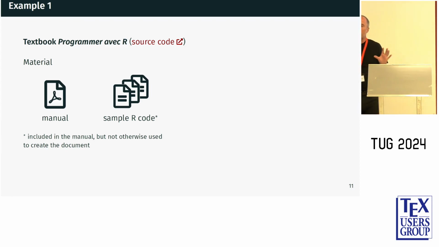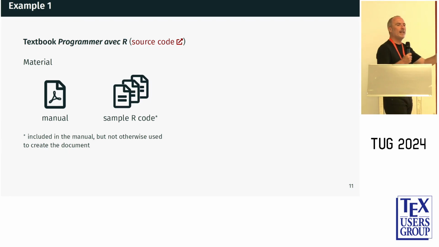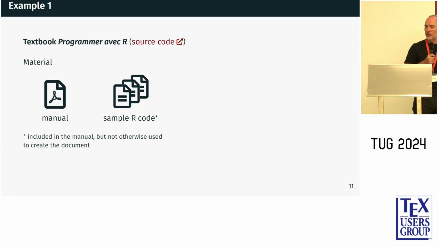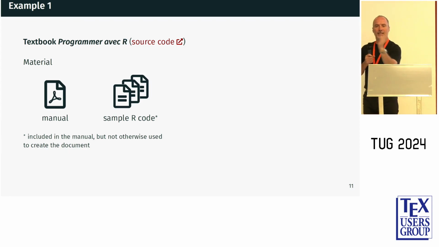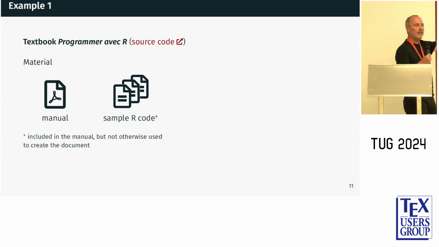I have sample R code that is included at the end of every chapter. Of course, it is distributed separately as just script files, but I wanted the document itself, the PDF document, to also contain the R code. So this sample code is included in the manual, but it's not otherwise used to create the manual itself.